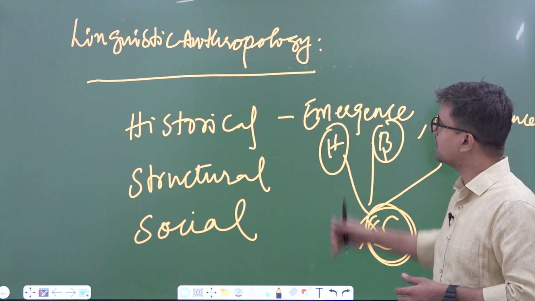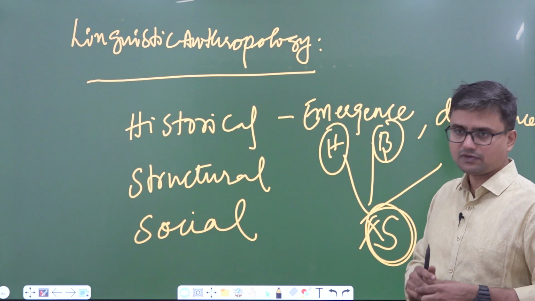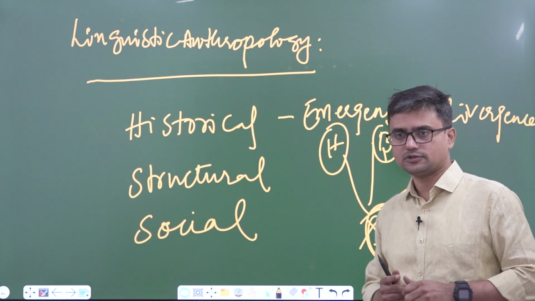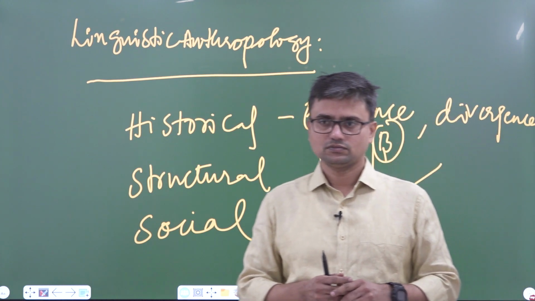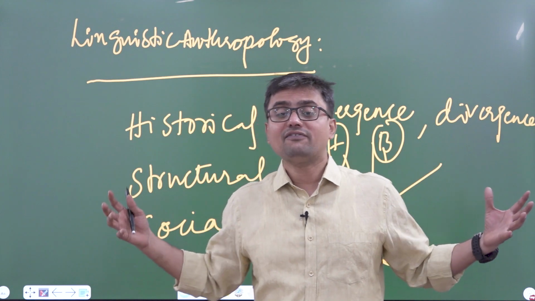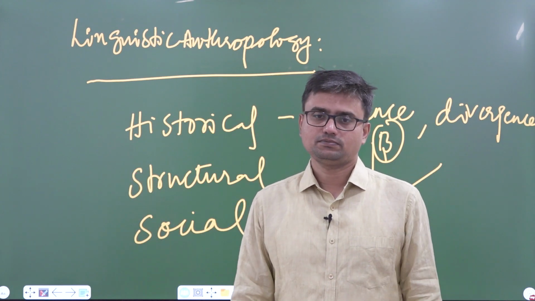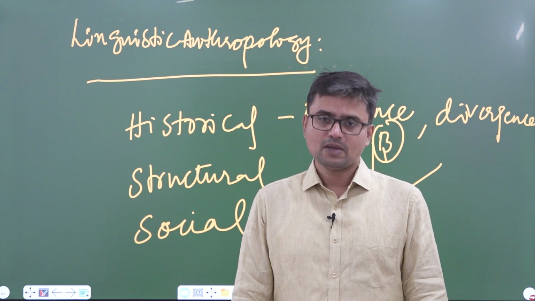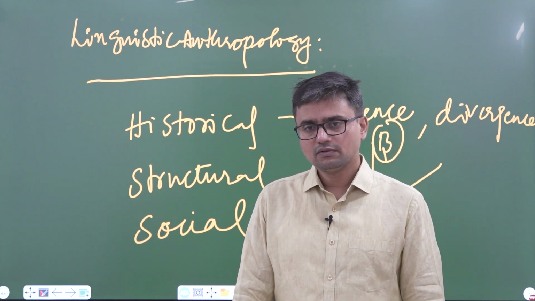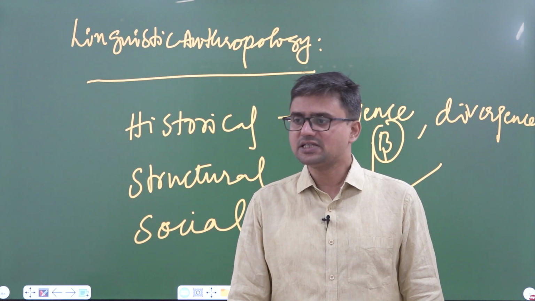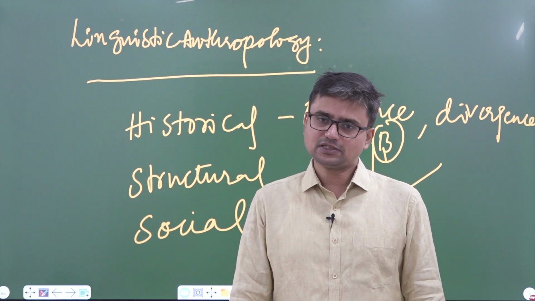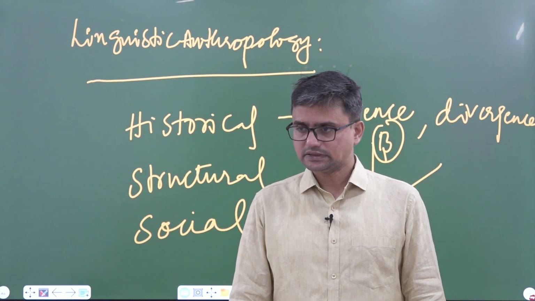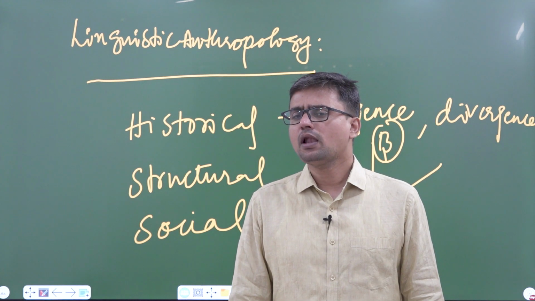So historical linguistics is concerned with the emergence and the divergence of languages. We can identify the common ancestor from where they have emerged. Where has man emerged from? From Africa, it seems. Can you identify the place of common origin of the human race, or a few groups of people?